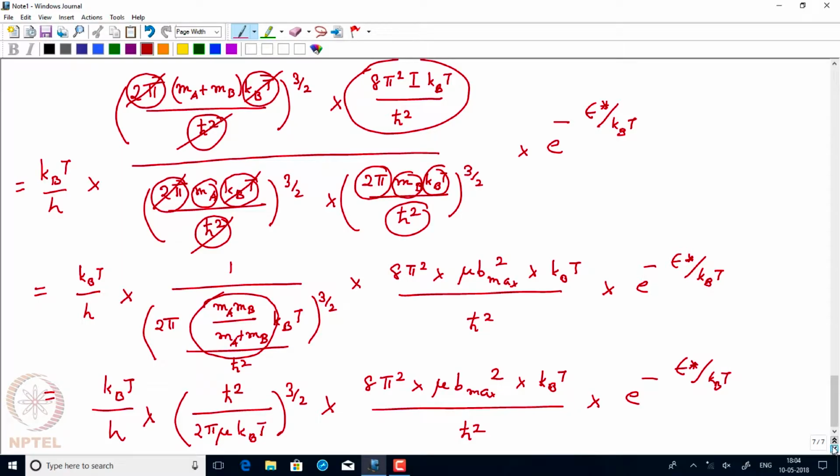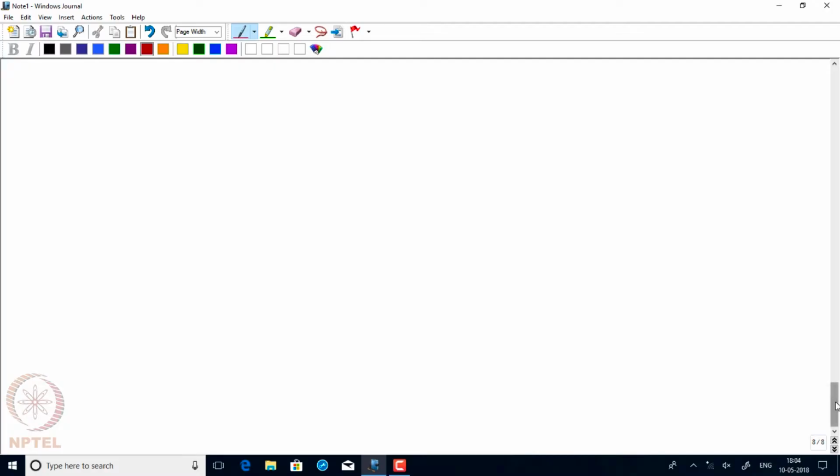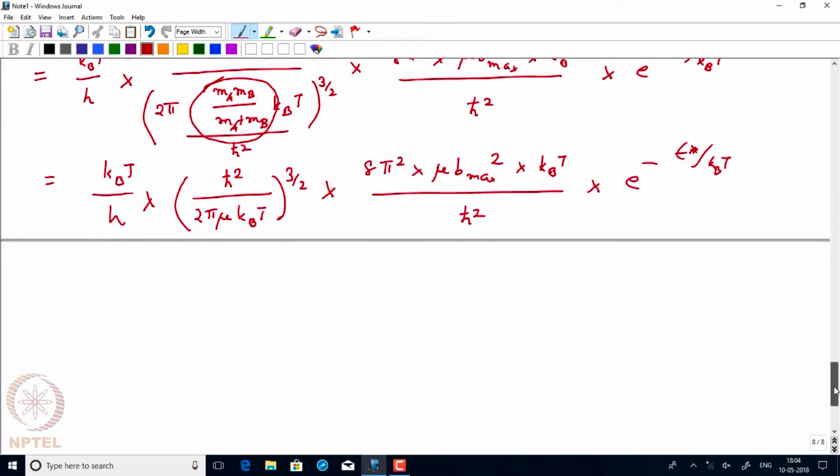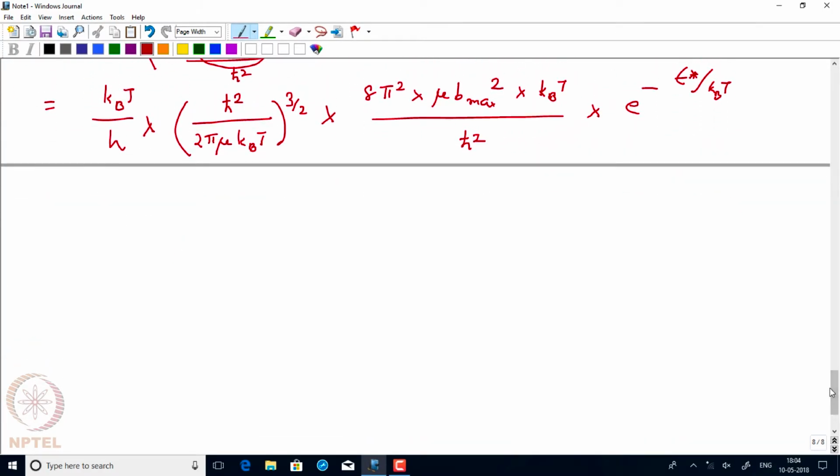We have to simplify this expression. My purpose is to show it as the transition state expression.